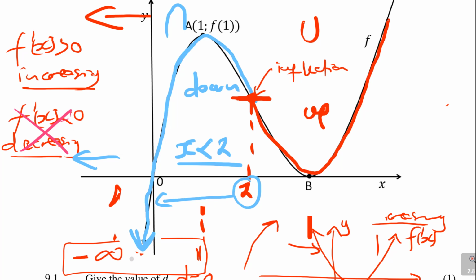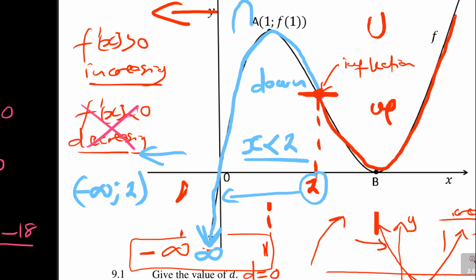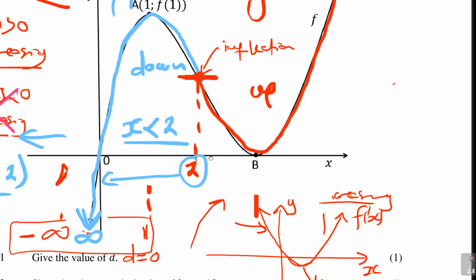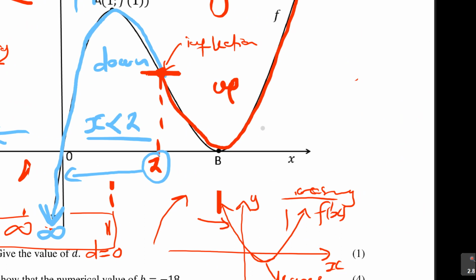Or you can see that this part, we say it is infinity. You can start from saying negative infinity up to 2. So this is what you write, but you just write x is an element of that. Which means if they wanted the graph to be concave up this side, you're going to say x is greater than 2.